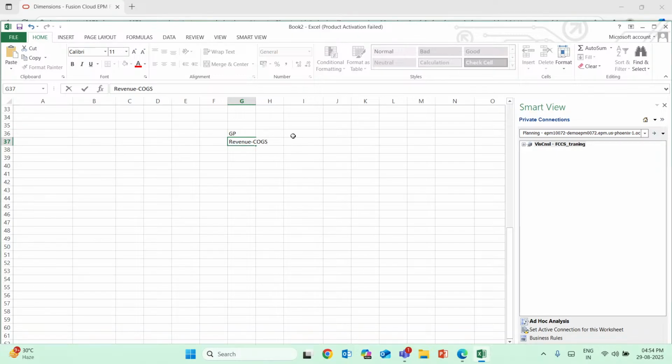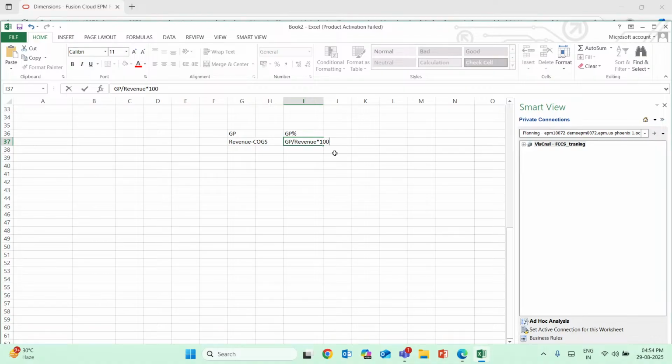We also want the GP percentage, gross profit percentage. So how is it calculated? GP divided by revenue, multiplied by 100.